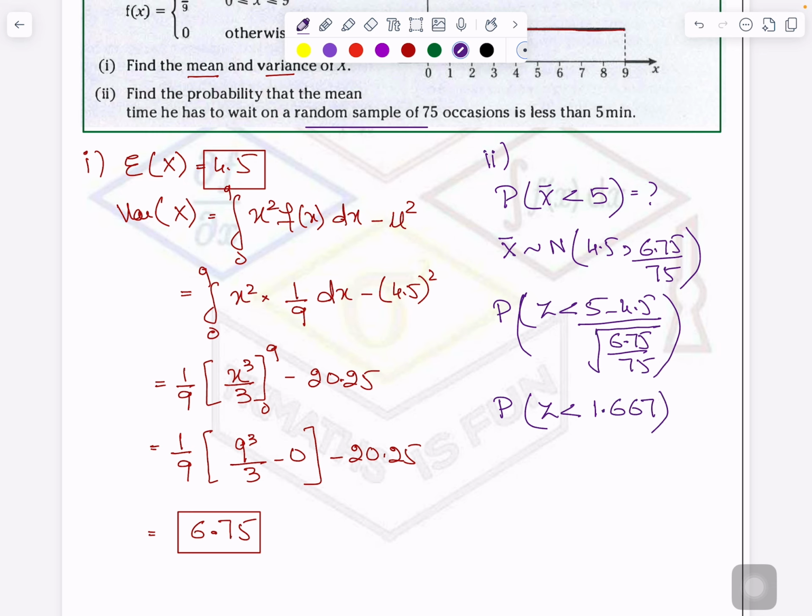So now if you want to visualize here, it is basically this. So straight away you just need to read the table. This simply means you have to read the probability against this z value, which is coming 0.9522. So in 3 significant figures, it will be 0.952.